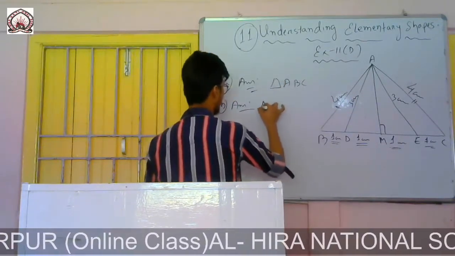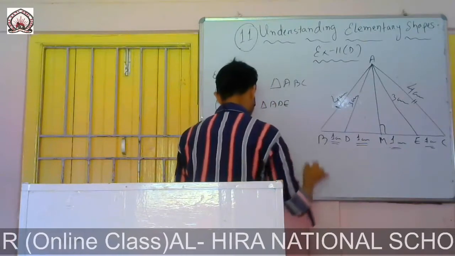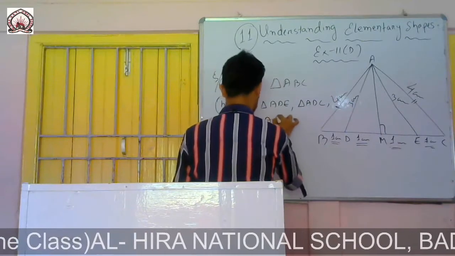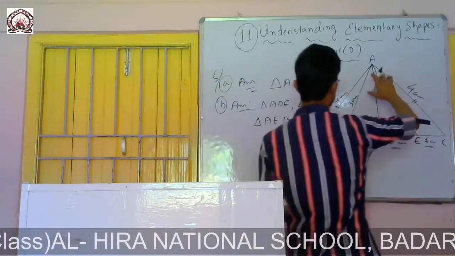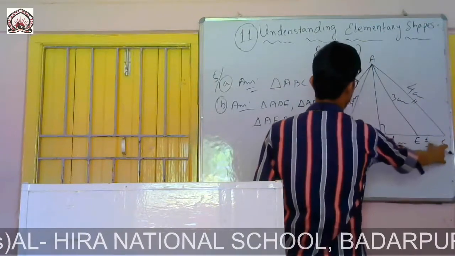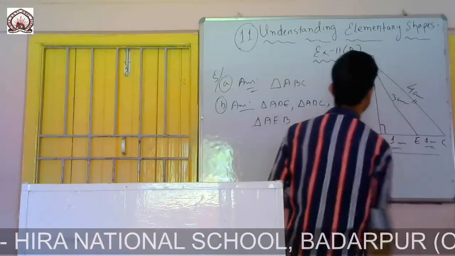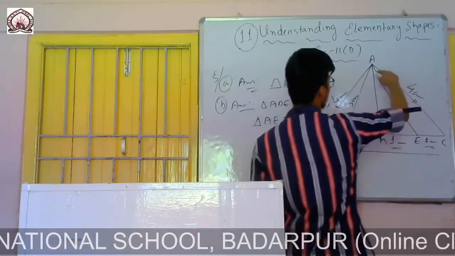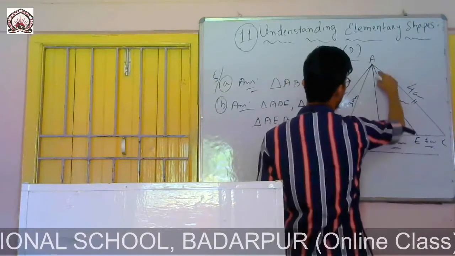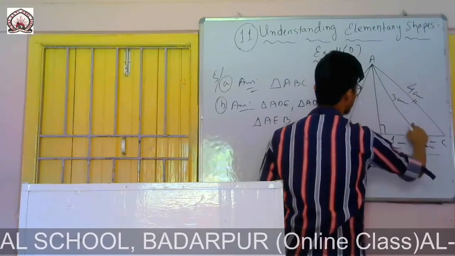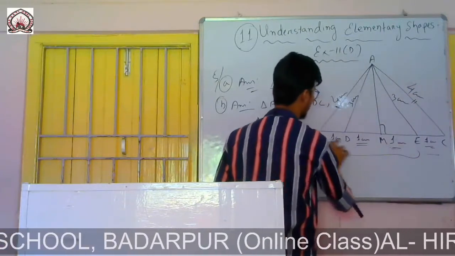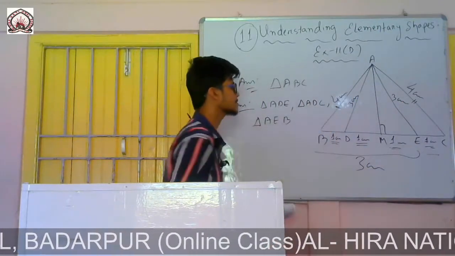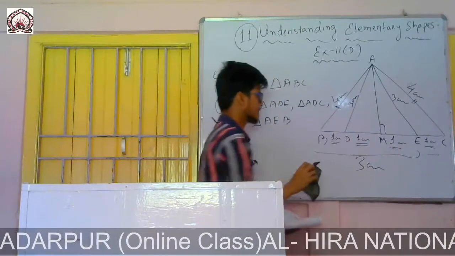So let me write triangle ADE, then triangle ADC, and triangle AEB. ADC: this side is 3 centimeter, 1 plus 1 plus 1, it is 3 centimeter. That means ADC is an isosceles triangle. Then AEB: again this side is 3 centimeter, from here to here 1 plus 1 plus 1 is 3 centimeter, and this side is 4 centimeter. Two sides are equal, so it is an isosceles triangle.